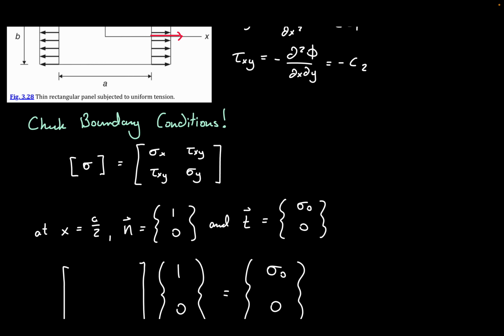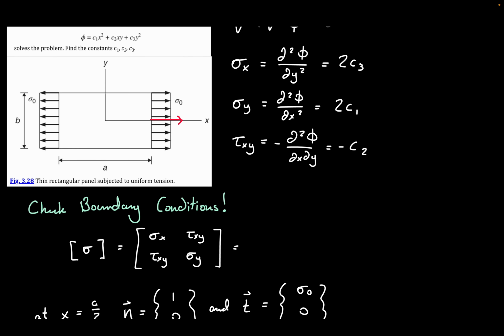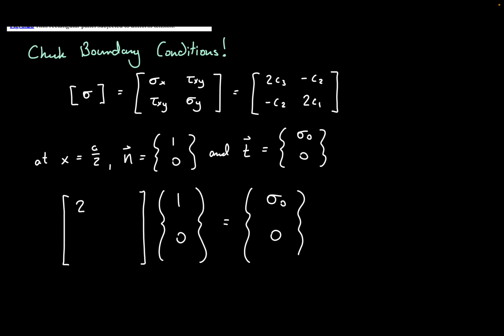tau xy, sigma y. So we can use our values that we calculated before to get a stress field of 2c3, minus c2, minus c2, and 2c1. So we can use that below here. So again, we have 2c3, minus c2, minus c2, and 2c1.